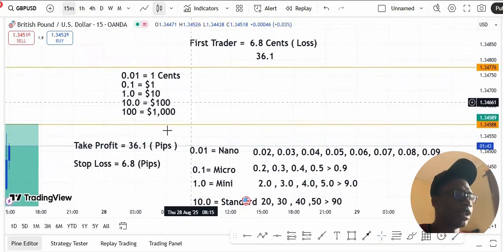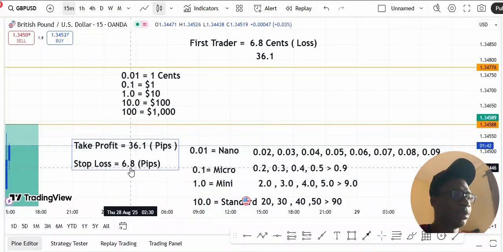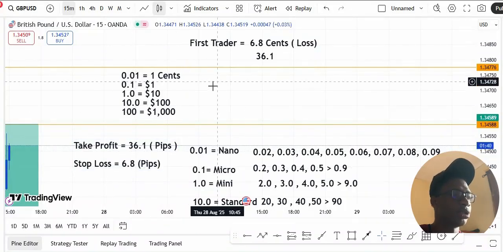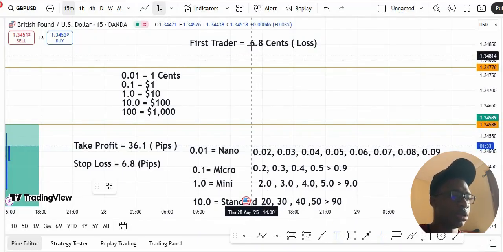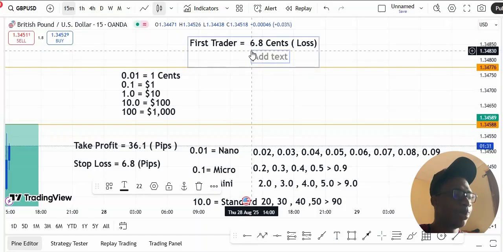So if 6.8 pips is 6.8 cents, how much is going to be 36.1 pips? That will be equivalent to $3.6. Yeah, $3.6.